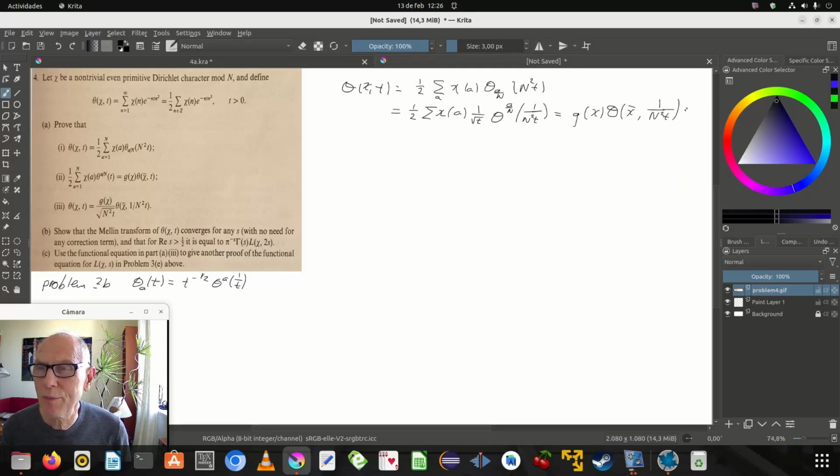It must be n squared t raised to minus 1/2. And that's what we should show, square root of n squared t, g of chi. Yeah, that was 0.3.